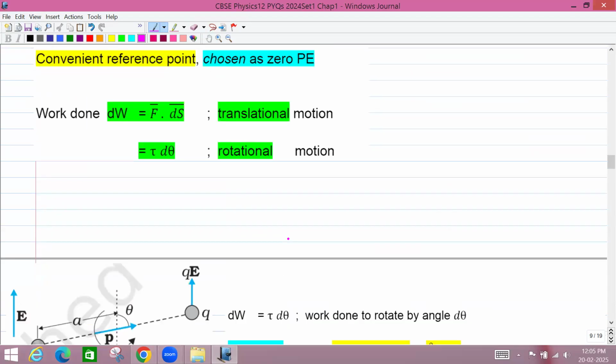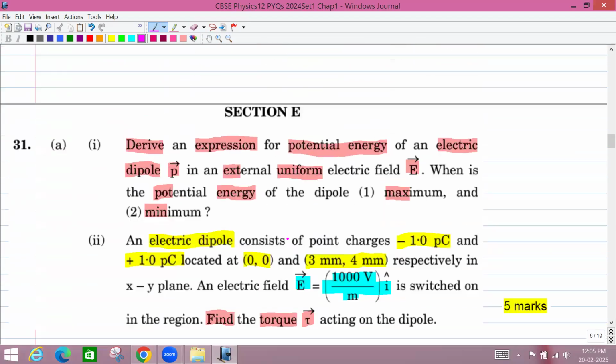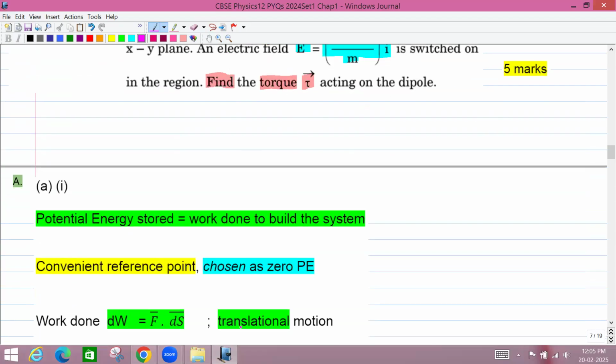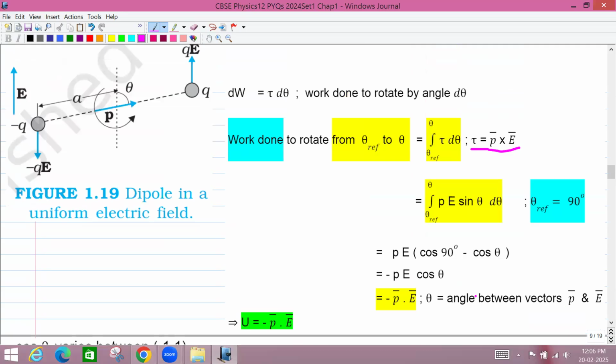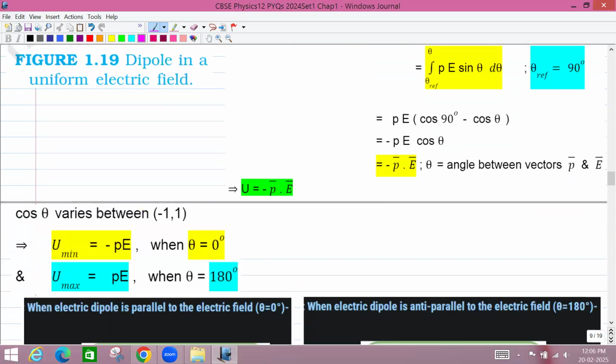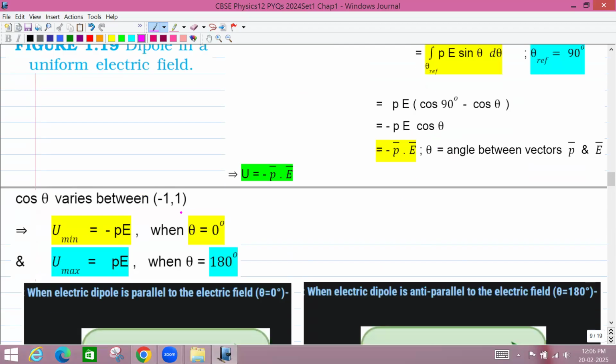And the first part of the question, after deriving this expression for potential energy, we have to find when the potential is maximum and when it is minimum. The potential is derived as minus P dot E, which is minus P E cos theta. So as the dipole rotates, the only variable is theta. P and E are fixed. So this cos theta will vary from -1 to +1.